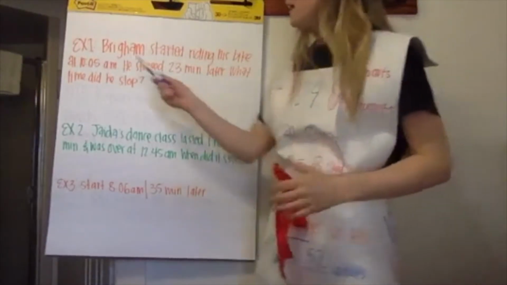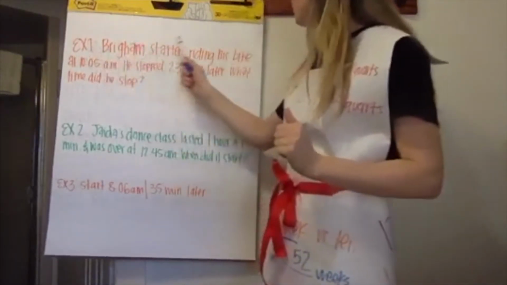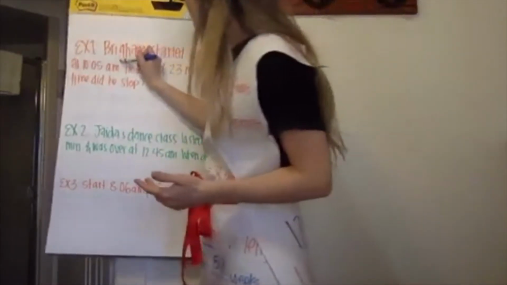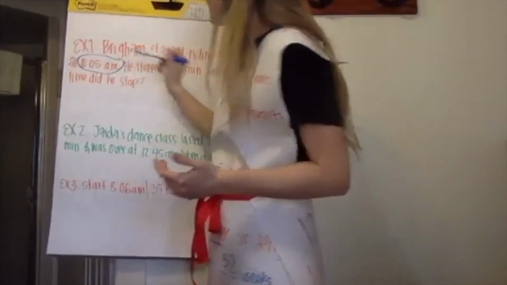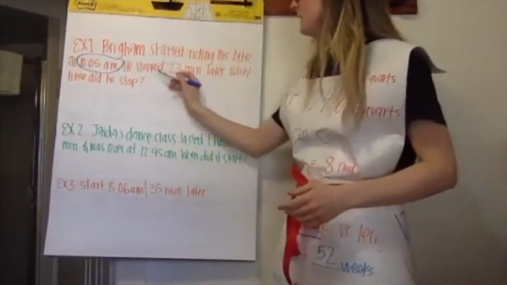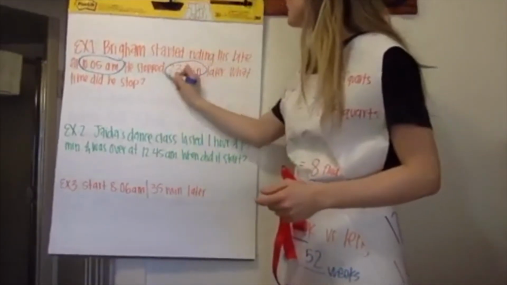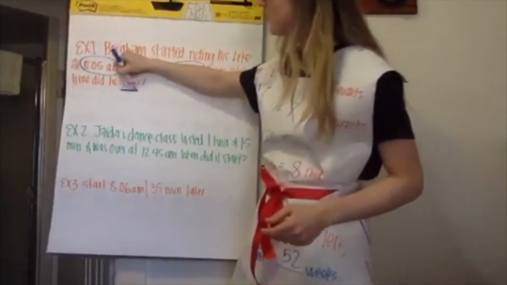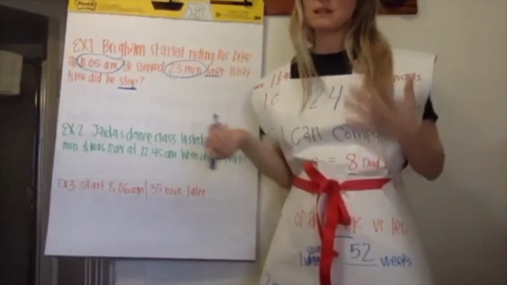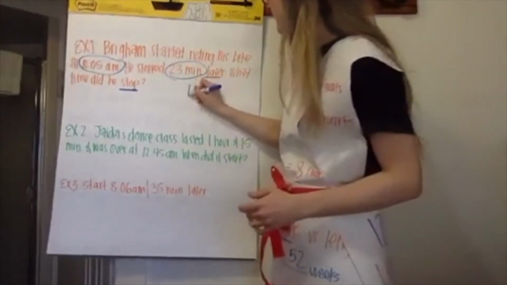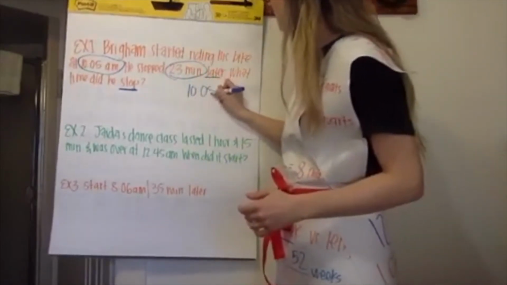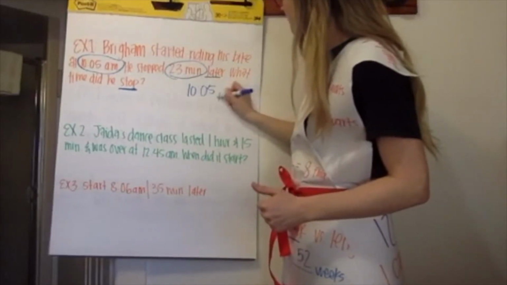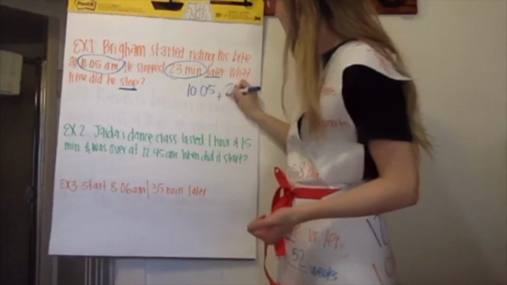Example 1. Brigham started riding his bike at 10:05 a.m. So I'm going to circle 10:05 a.m. because that's what's important. He stopped 23 minutes later. What time did he stop? So we're trying to figure out what time he stopped, not when he started. If he started at 10:05 and rode his bike for 23 minutes, we're going to be adding 23 minutes.